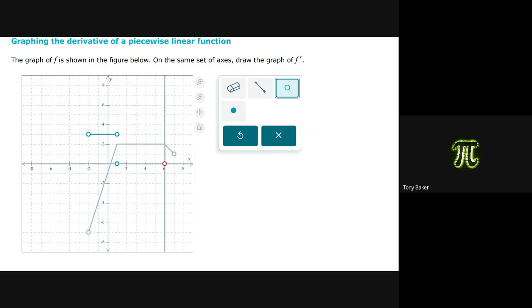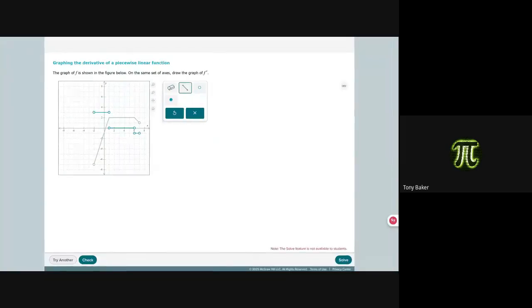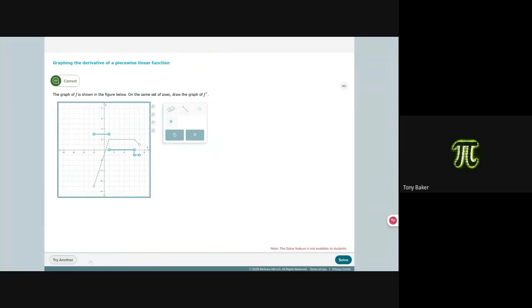So open dot on 0. What about from here to here? -1. So from there to there.